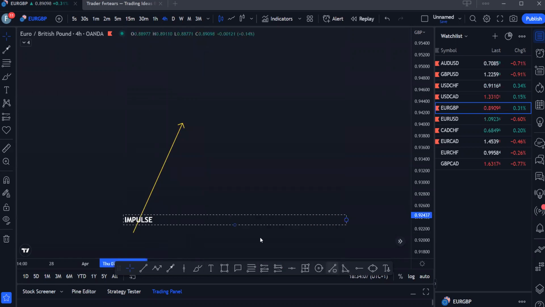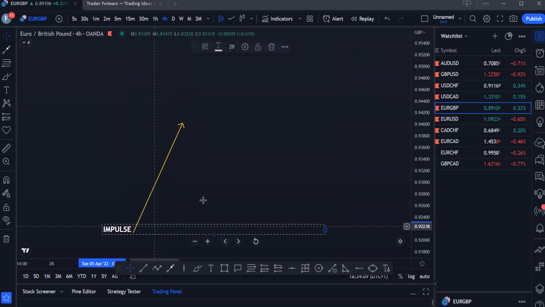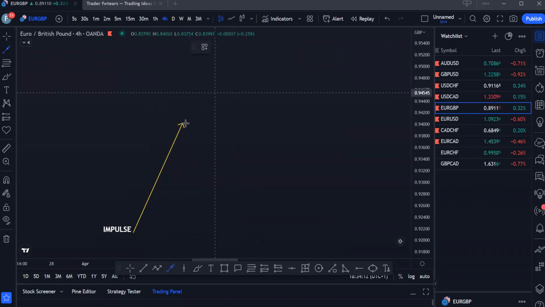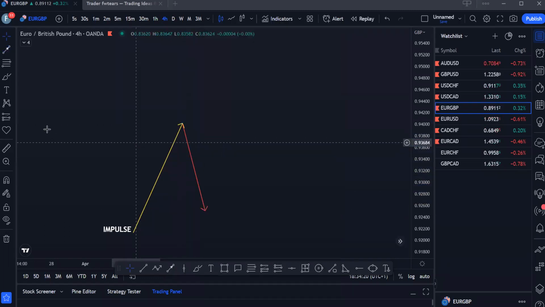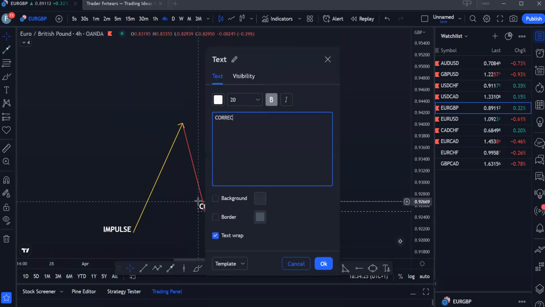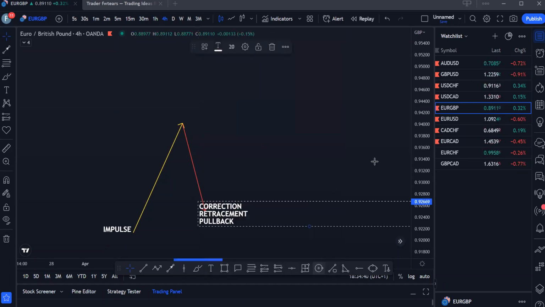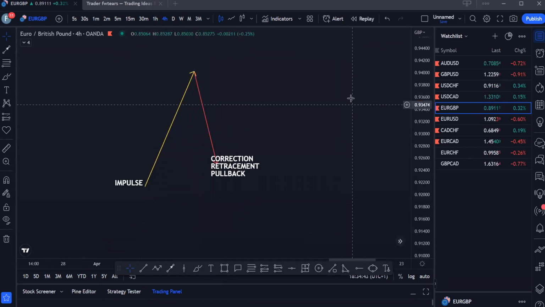We call it an impulse. Okay, and then the second move in a trend is called the move downward. It's called a correction, a corrective move, or some people will call it retracement, or some will call it a pullback. Okay, but ideally it's correction anyways, because it's a corrective move.